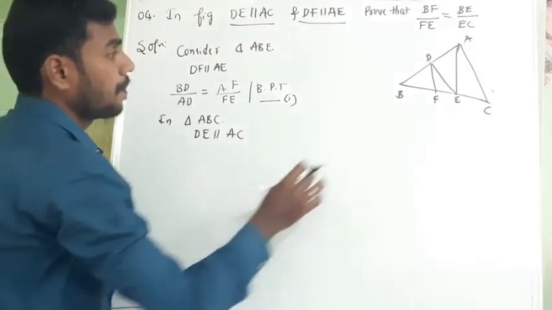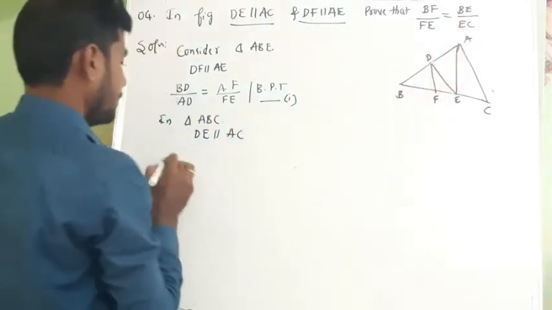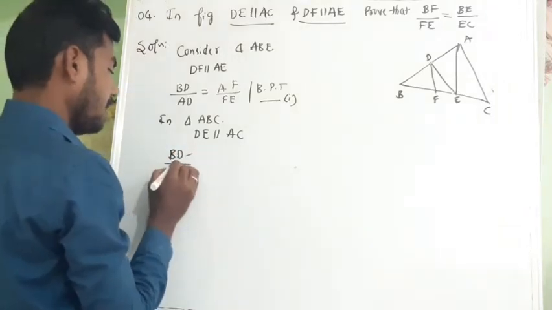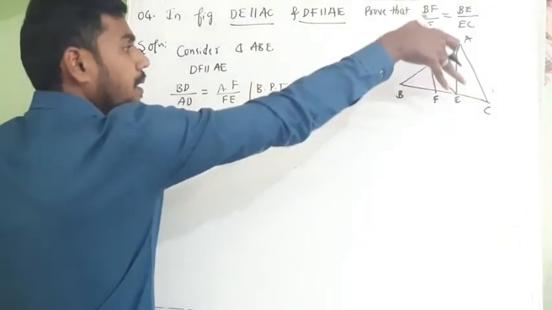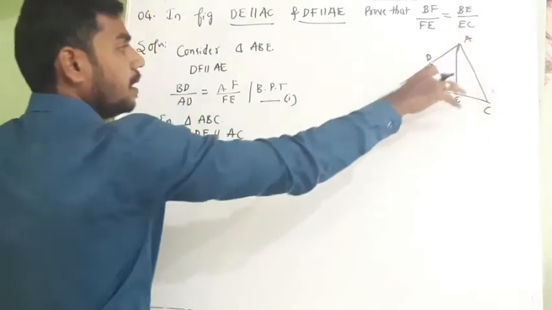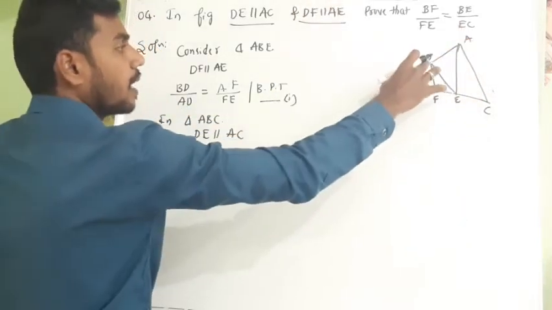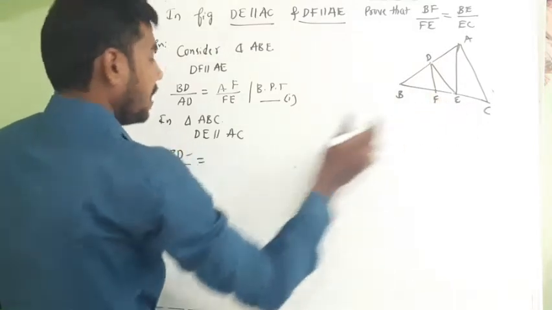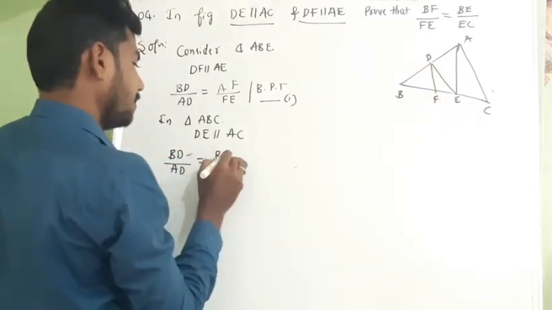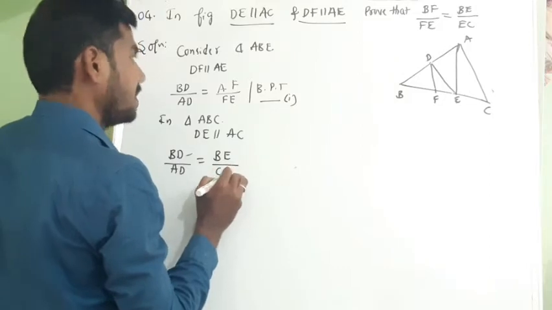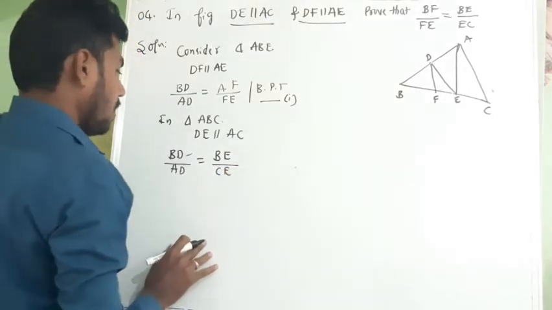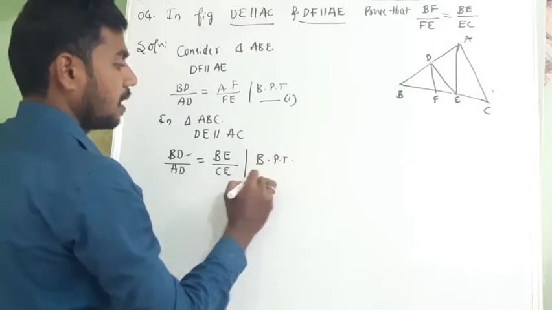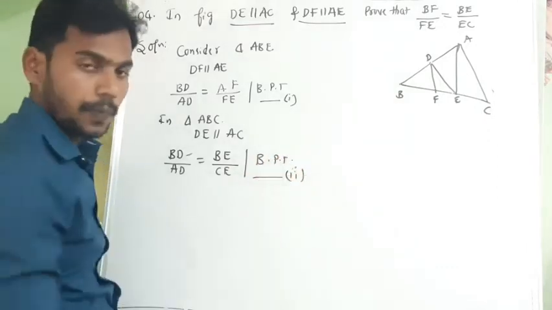Now, BD by AD, because DE is parallel to AC, through the basic proportionality theorem, what can I write? BD by AD is equal to BE by EC. This is because of BPT, the basic proportionality theorem. I will call it equation number 2.